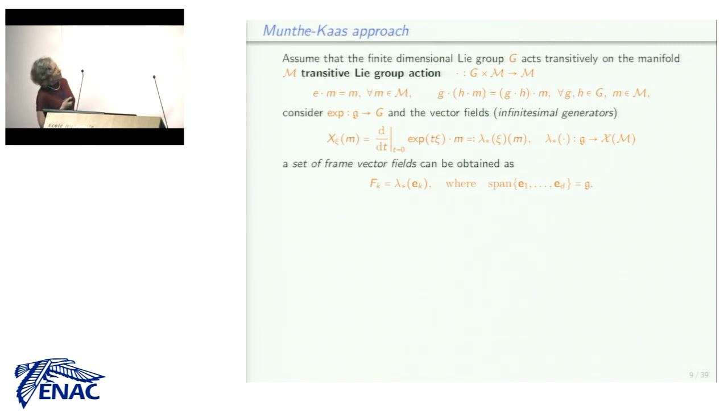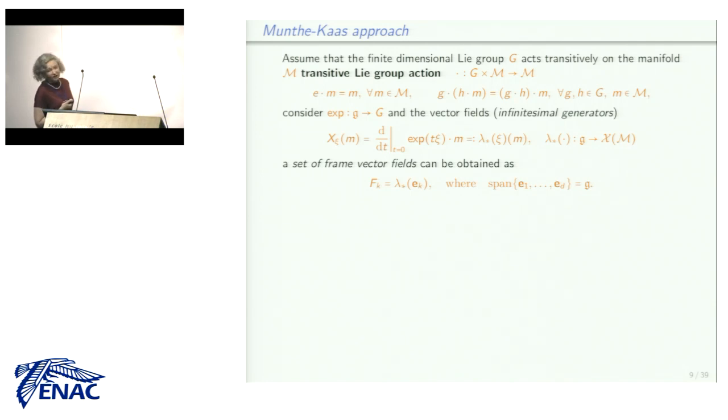Okay, so if you compose the Lie group action with the exponential and differentiate appropriately, you get a nice map out, which is linear, and it sends any element in the Lie algebra to an appropriate vector field on the manifold.